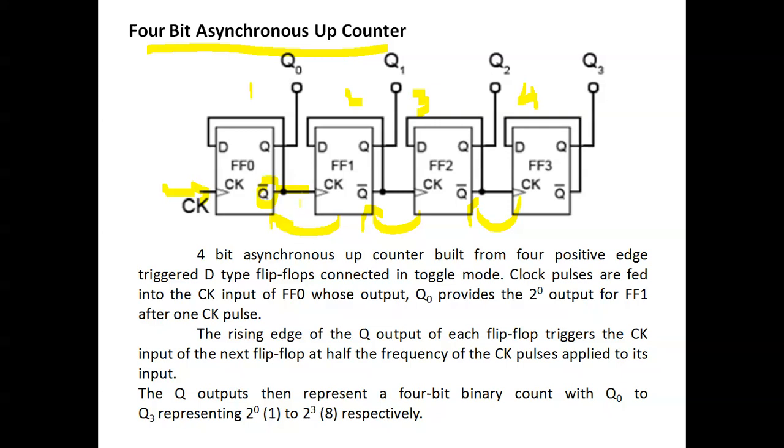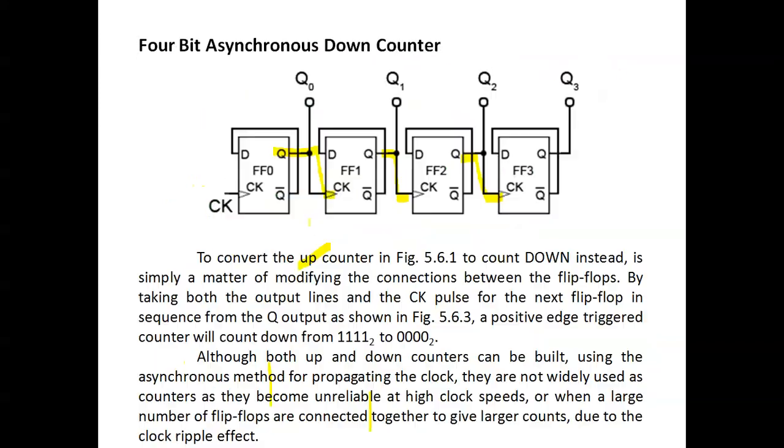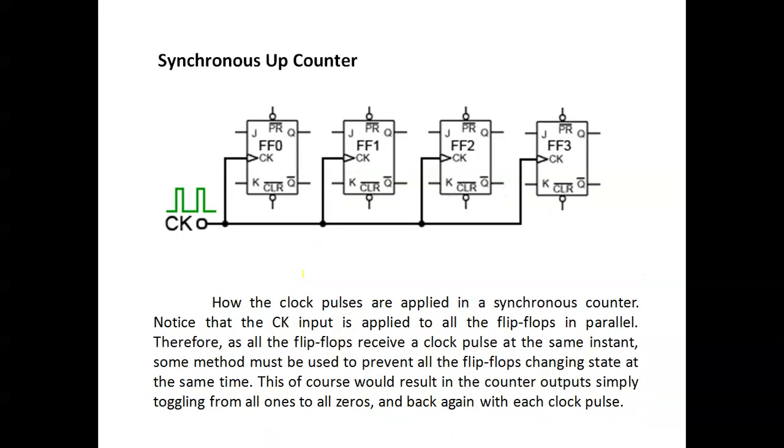D is given, and the output is taken from here, Q0, Q1, Q2, Q3. Similarly the next stages are connected. The only thing is the normal output is given to the clock. So this is the down counter.